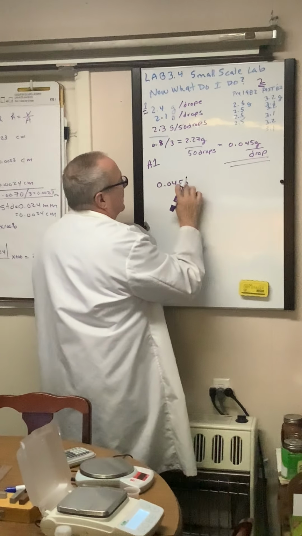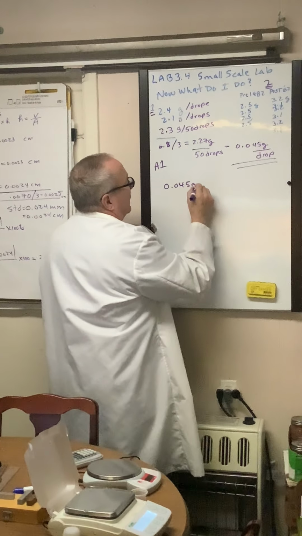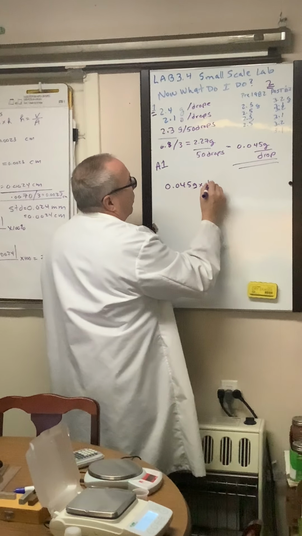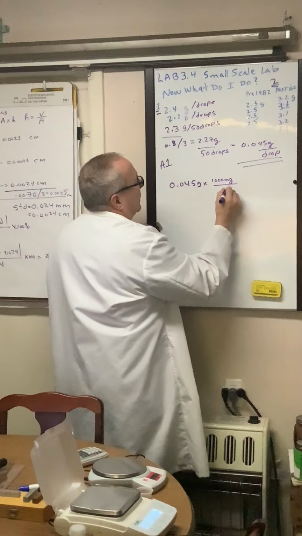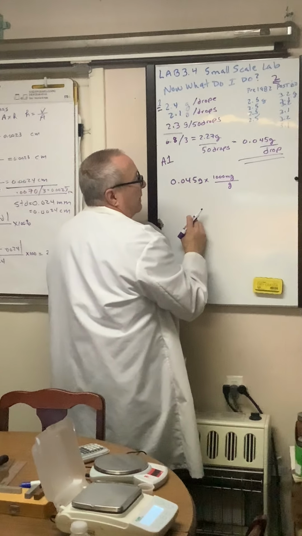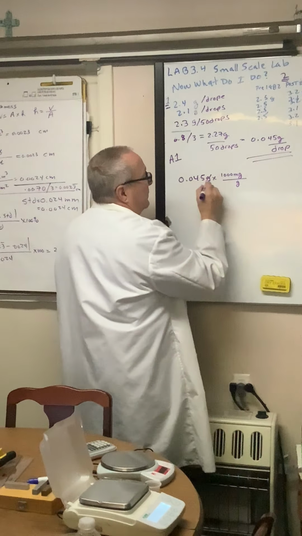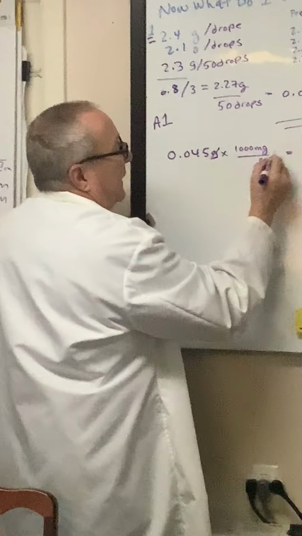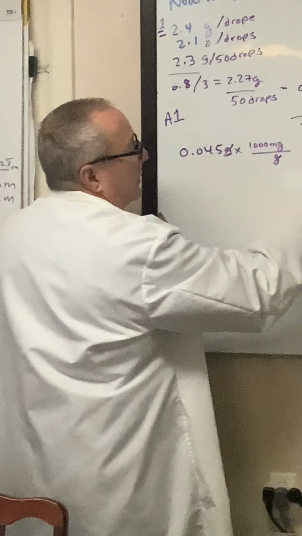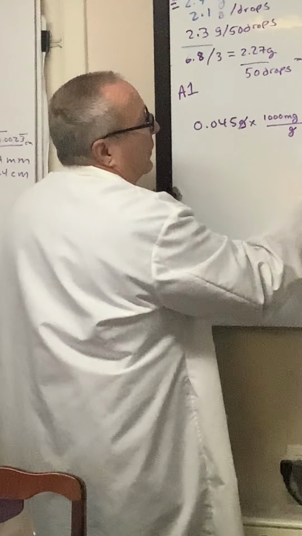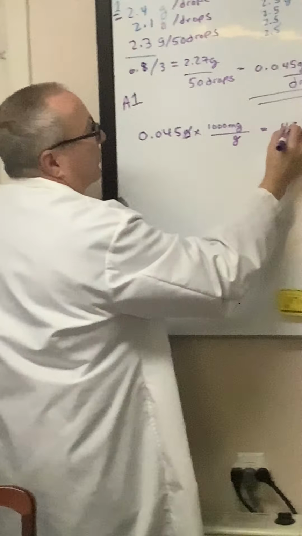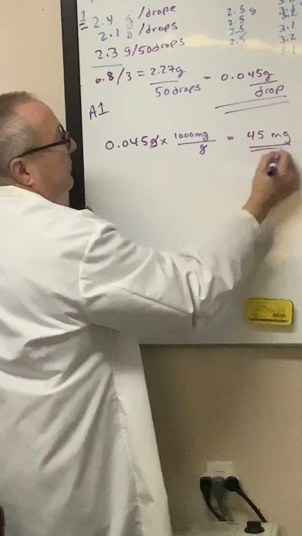That's a G. Grams. Times 1,000 milligrams per gram. Okay? My grams cancel. My answer is in milligrams. And if you multiply 0.045 by 1,000, you will get 45 milligrams.